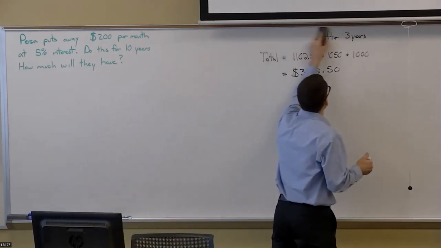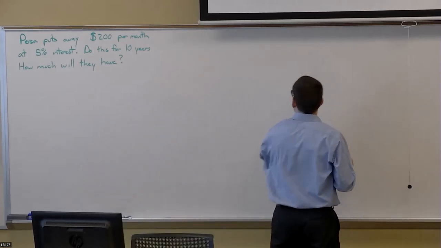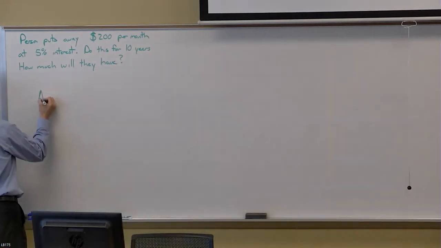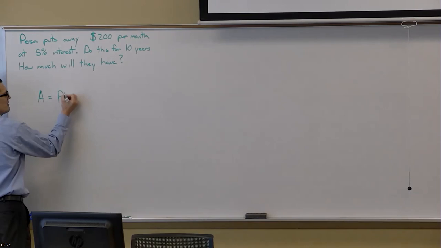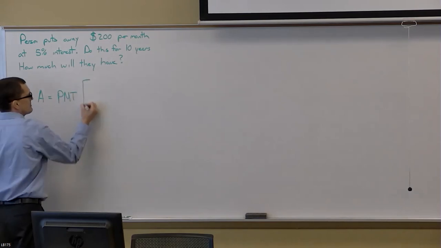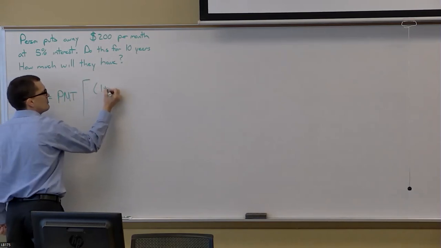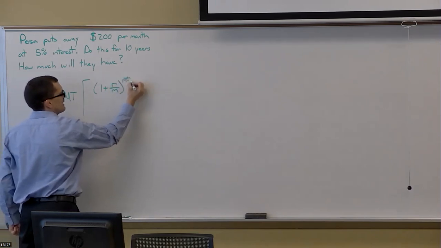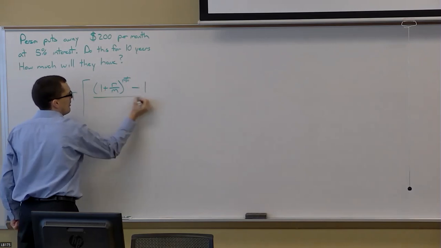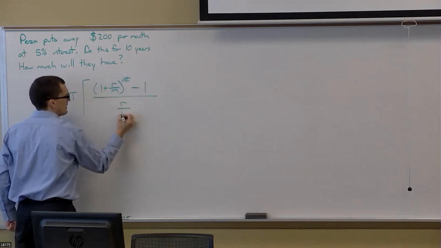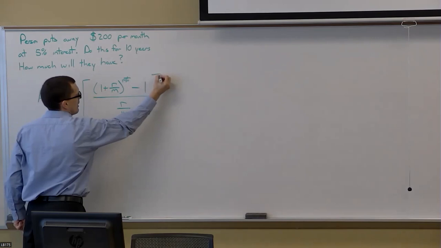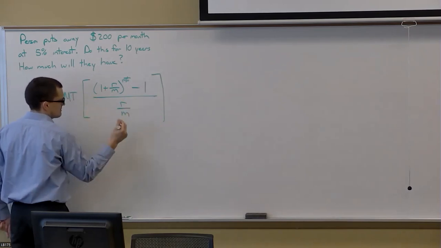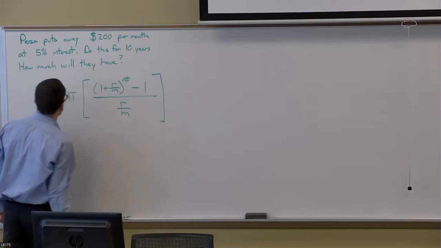I'll show you how to do this on your calculator once we get to that stage, but here we go. A equals your payment times 1 plus R over M to the MT minus 1, all divided by R over M. By the way, when you do this, I'll get to that when we put it in the calculator.